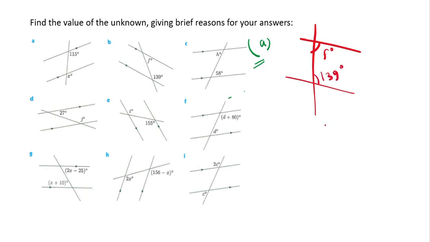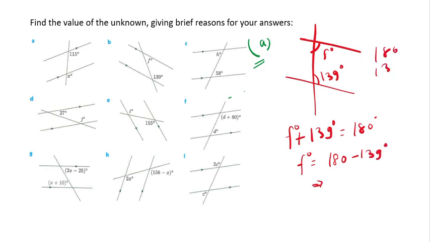They are on the same side of the transversal line, and we know that on the same side of the transversal line they form supplementary angles. Supplementary means 180 degrees. So f degrees plus 139 degrees is equal to 180 degrees. Then you have to solve: f degrees is equal to 180 minus 139 degrees. So 180 minus 139 will be 174.